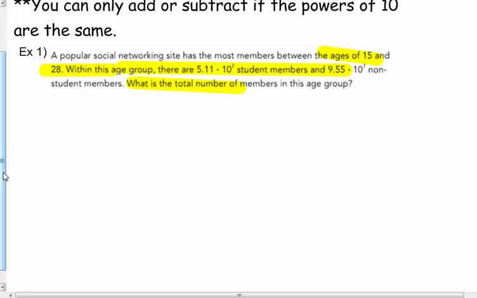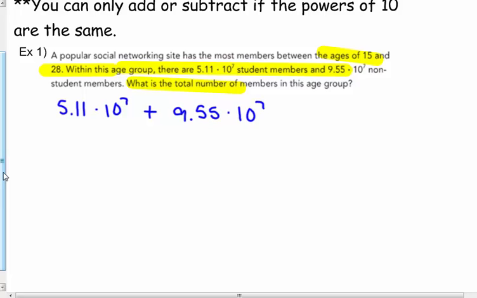Within this age group, there are 5.1100 times 10 to the 7th student members and 9.5500 times 10 to the 7th non-student members. What is the total number of members in this age group? So I'm adding 5.1100 times 10 to the 7th plus 9.5500 times 10 to the 7th.